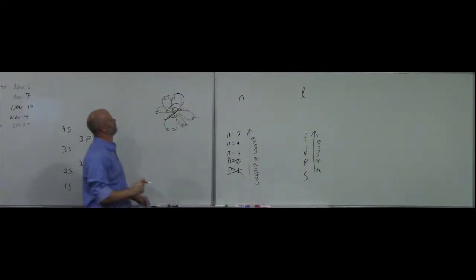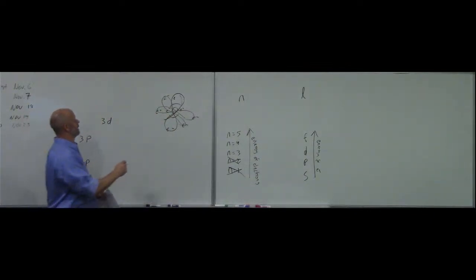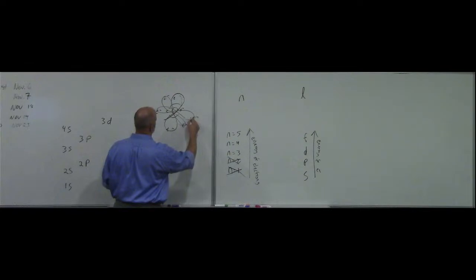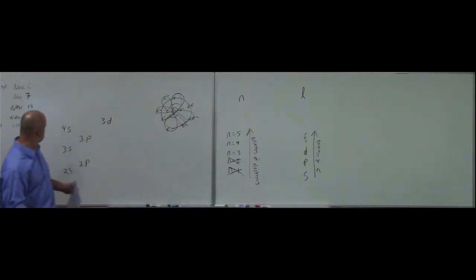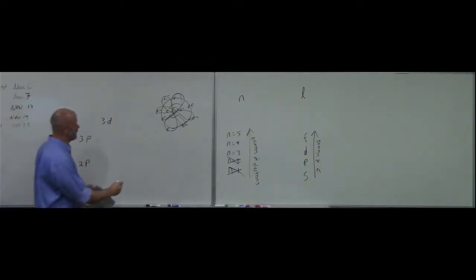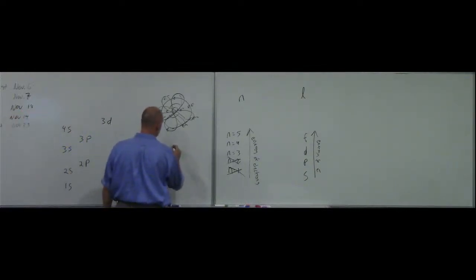And of course, it also has an s shell, right? There's my 8 electrons, right? So that takes me through 1s, 2s, 2p. Now I'm ready to go to 3s. 3s is going to be a whole other mess of this, right? I'm going to start with 2 electrons here.